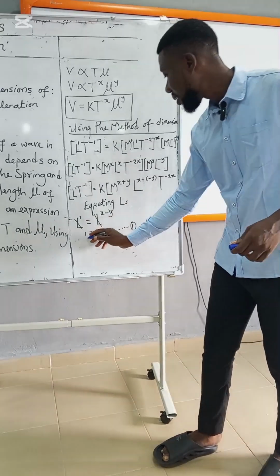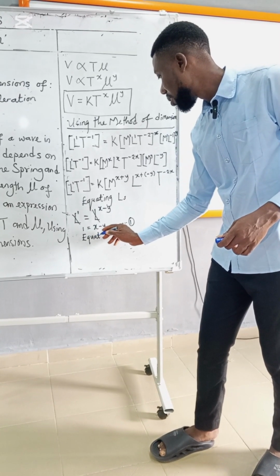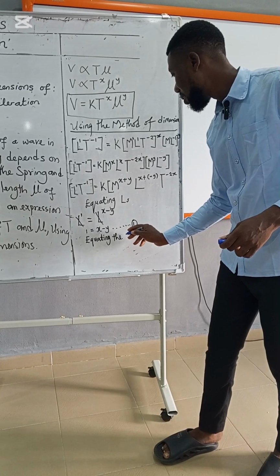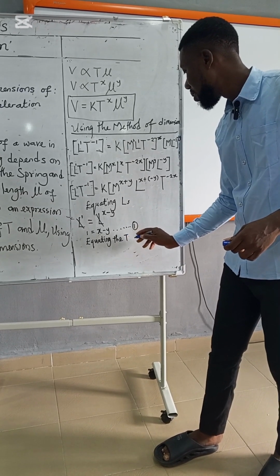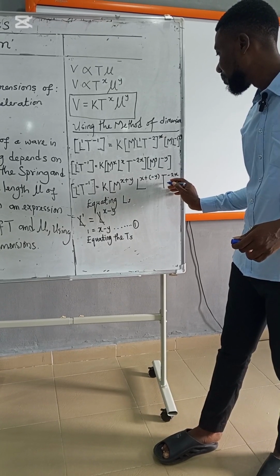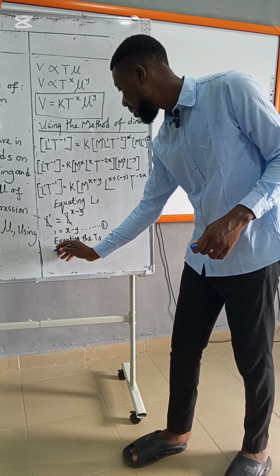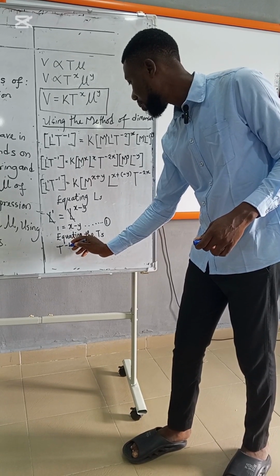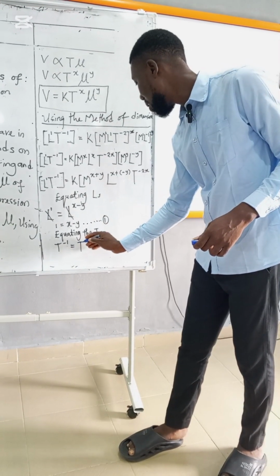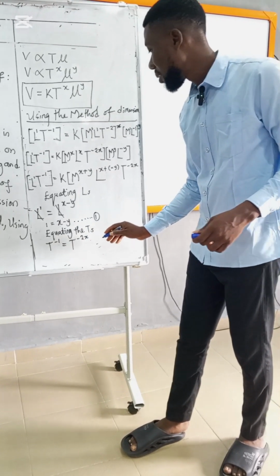Now also equating t's. Since we have t here and we have t here, let's equate the t. So here we have t raised to power minus 1, and here we have equal to t raised to power minus 2x.